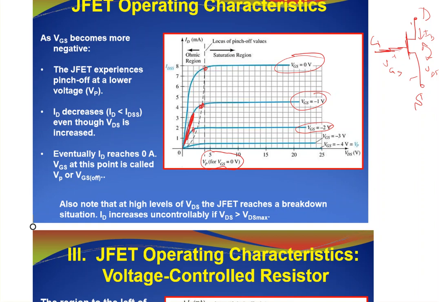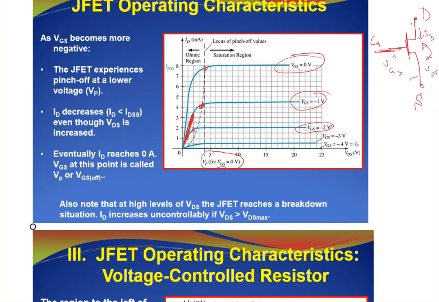For each case, you will see the current decreasing. If this current is equal to 8 milliamperes as an example for VGS of 0, for VGS of -1 it's going to be like 4.5. For -2 volts, it becomes 2 milliamperes. For -3 volts, it could be 0.5 milliamperes.